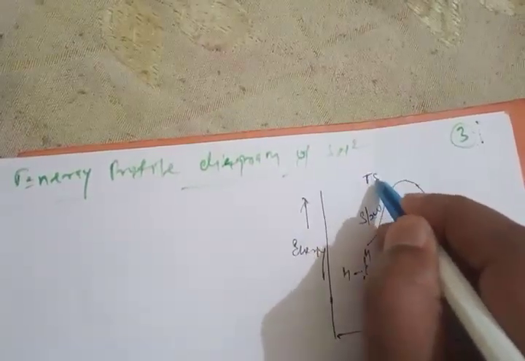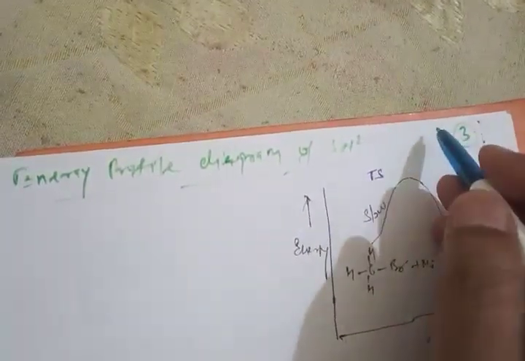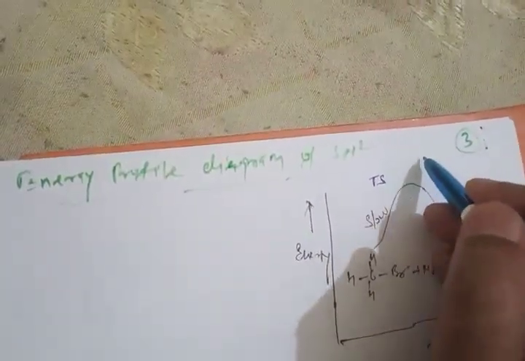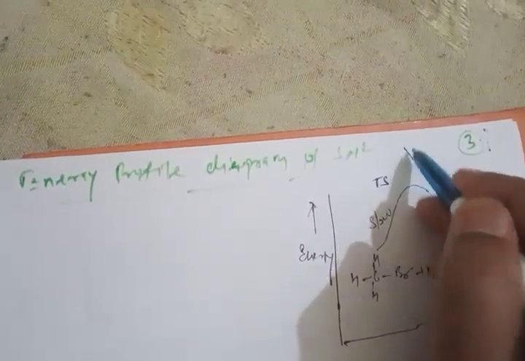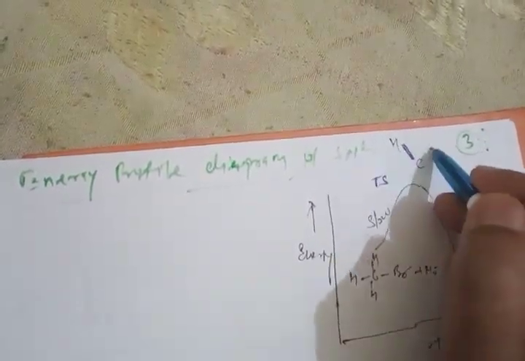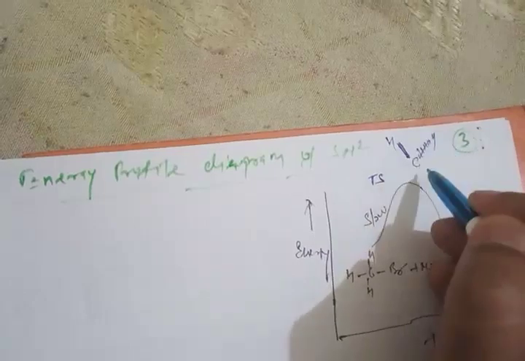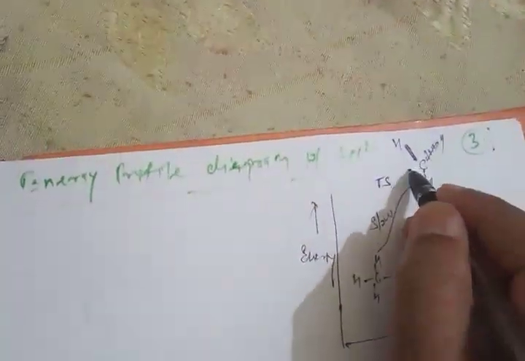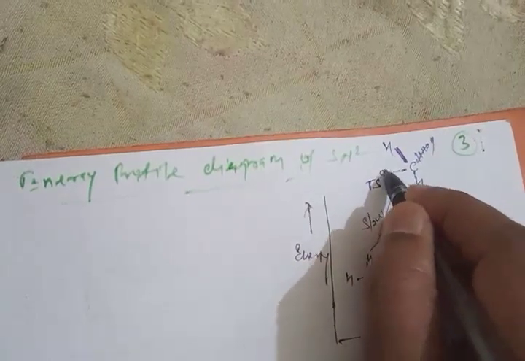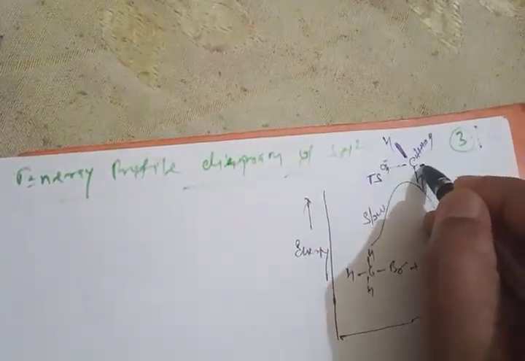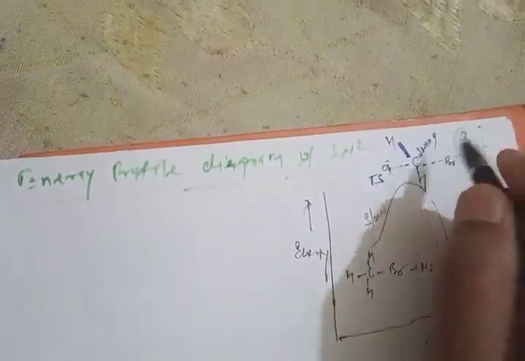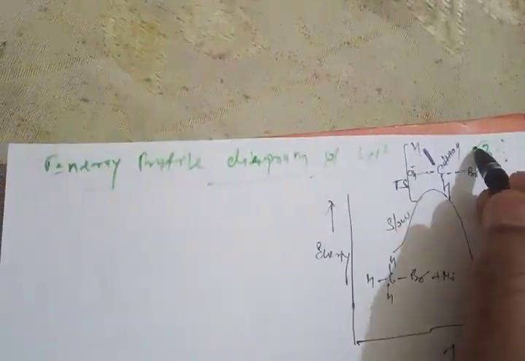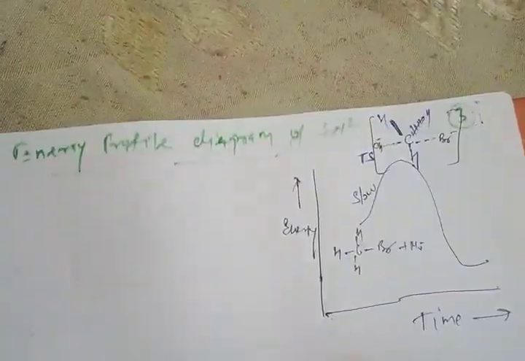This is a transition state, only one state. The transition state has carbon, then hydrogens here, then OH negative, and this is the Br negative. So this is actually the transition state.